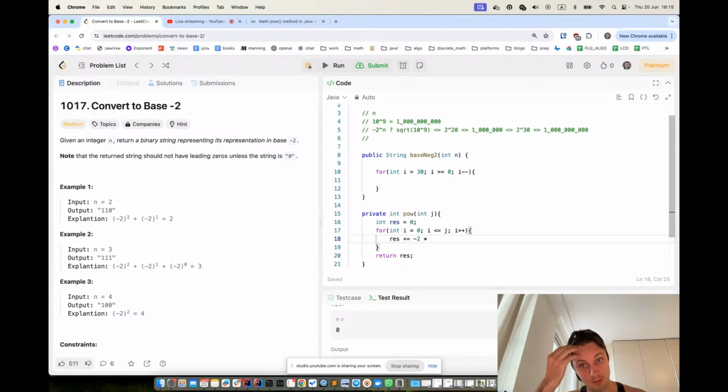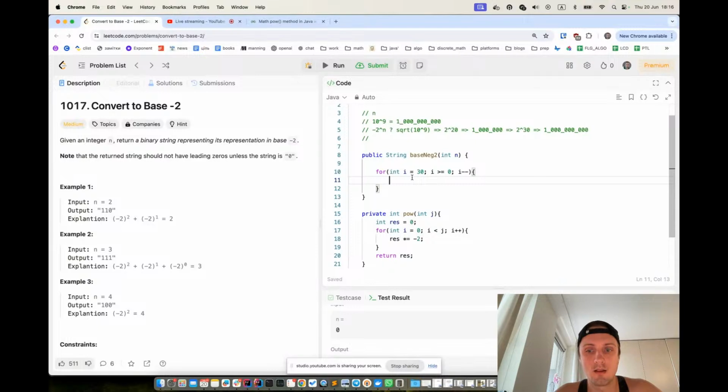Yeah, so if I want to calculate for 30, I need to multiply by -2 30 times. Okay, so it would be my pow.